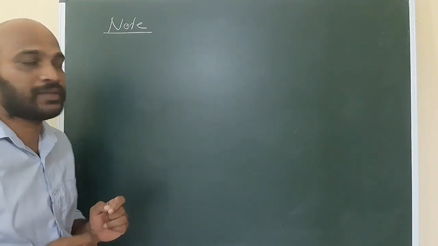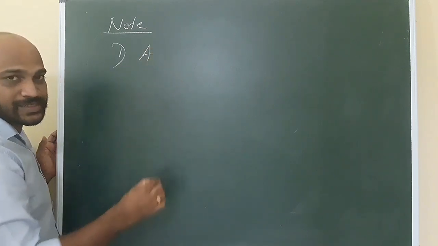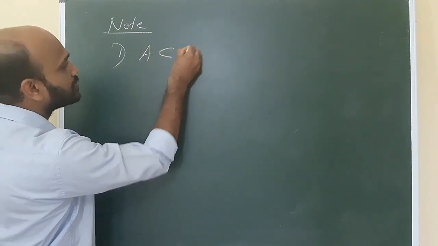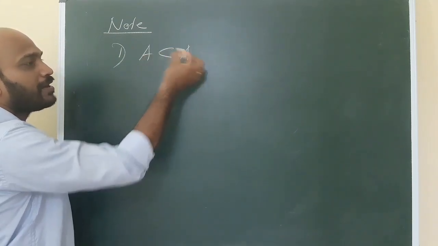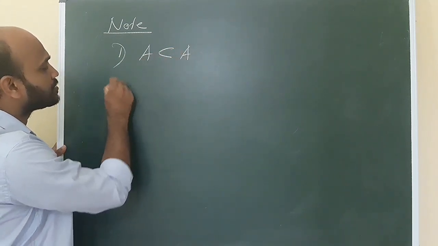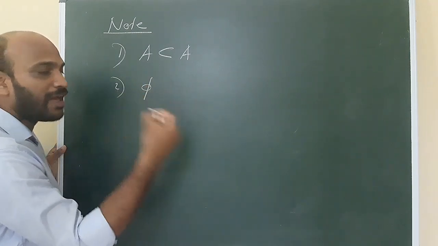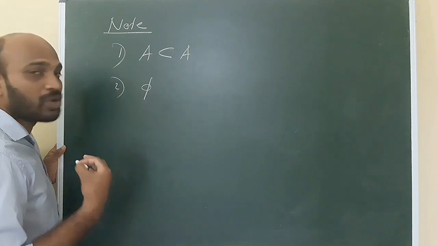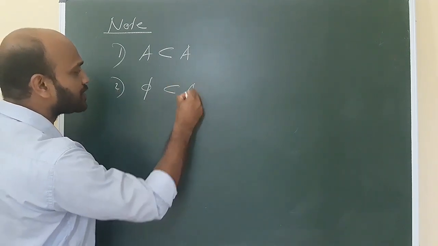Here you have to note down something. First point: suppose A is any set, then A is a subset of A itself, right? Because all elements of A are in A. Second one is the null set. The null set is a subset of every set because the null set contains no element. So generally the null set is a subset of every set.